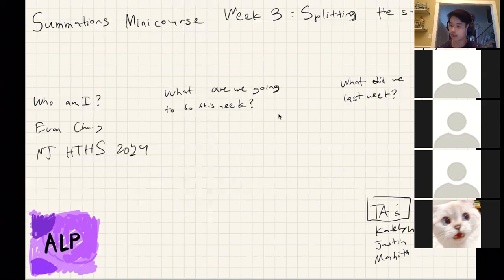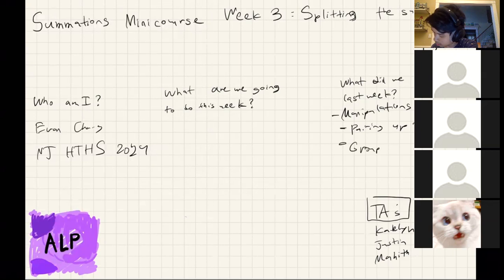So what did we do last week? Last week we talked about basic manipulations, right? That was extending the basic closed forms that we learned in week 1. These included pairing up terms in our sum, grouping up terms in our sum.